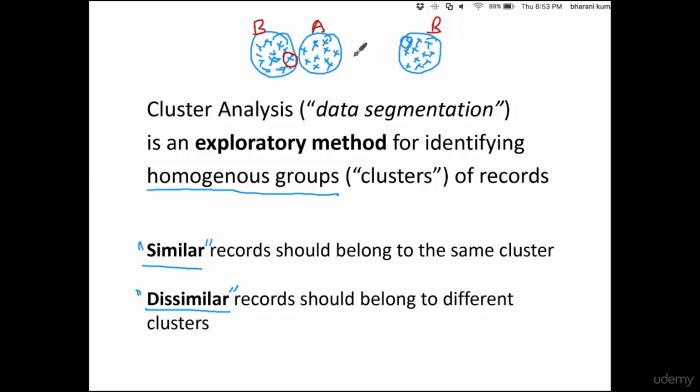However, if you have a lot of distance, then that means the people here belong to this cluster and the people here belong to this cluster. There is no problem of overlapping. Hence, within a group, there has to be more similarity. Between groups, there has to be more dissimilarity.